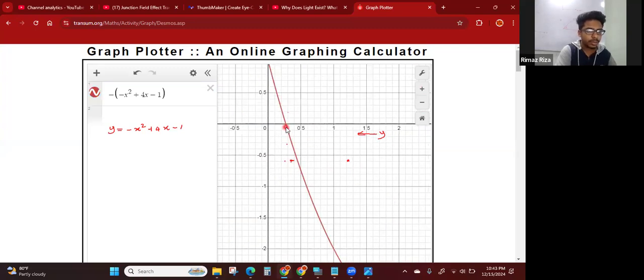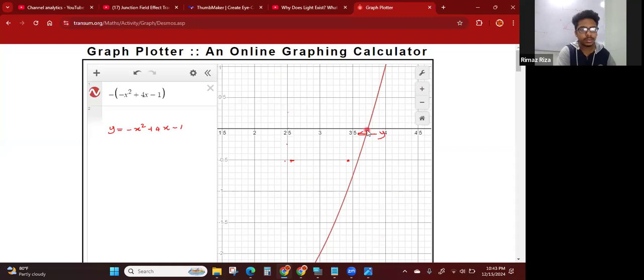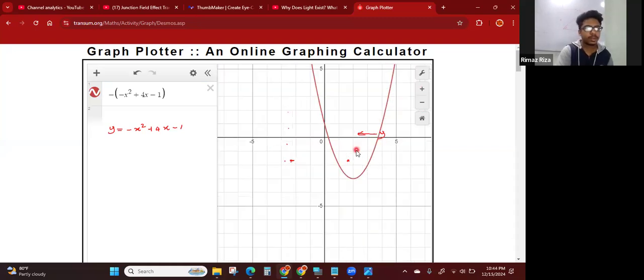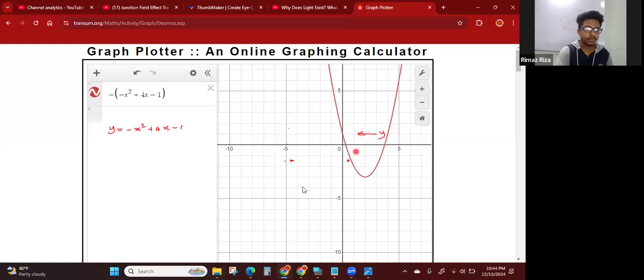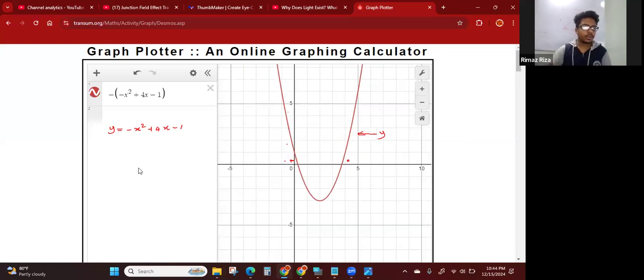Something like 0.25 and here this value is 3.75, something like that. So you want to say what are the values where this function is going to be 0.